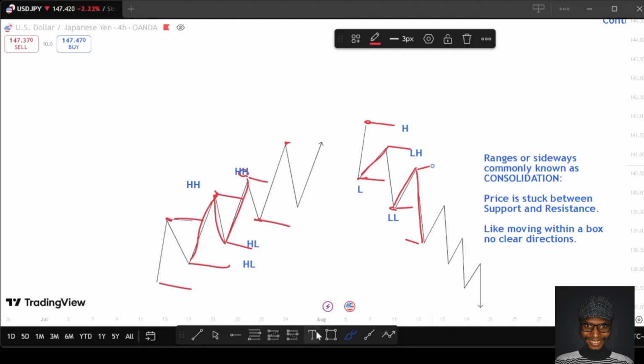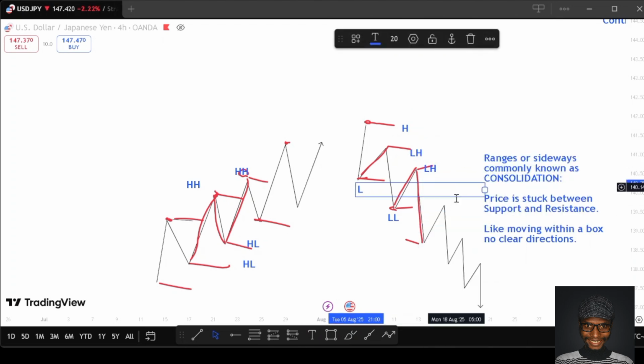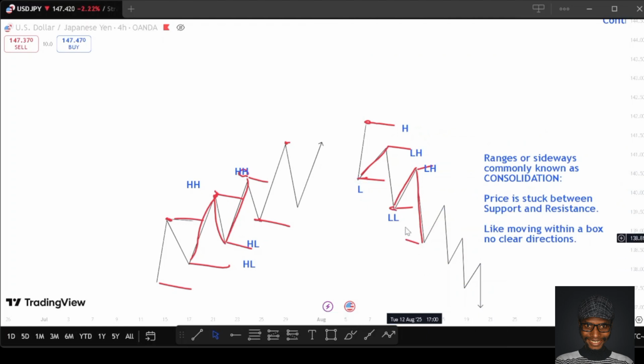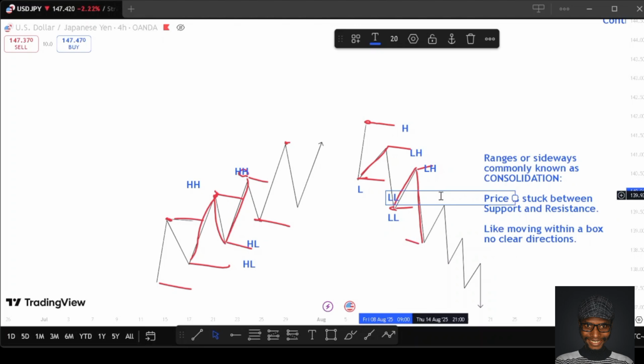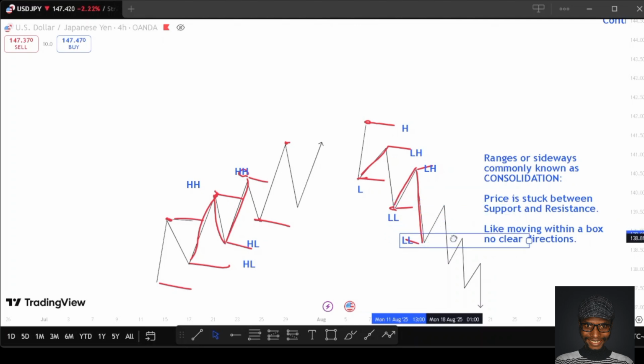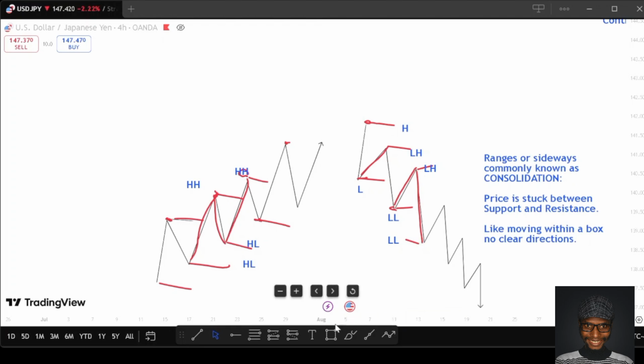So this becomes our lower high and here becomes our lower low. The same thing happens to the next one.